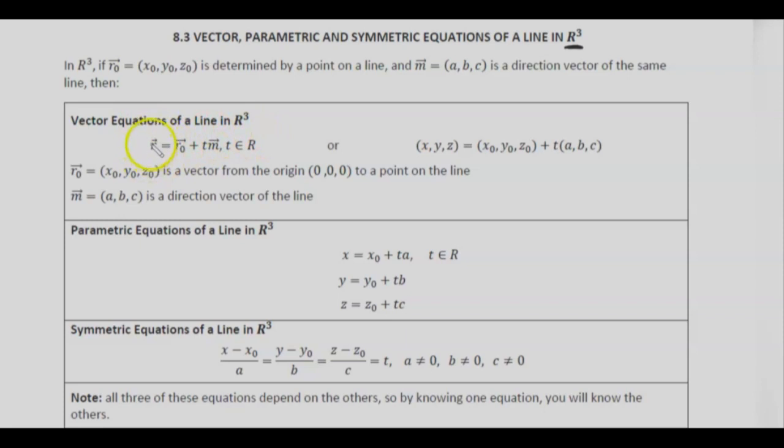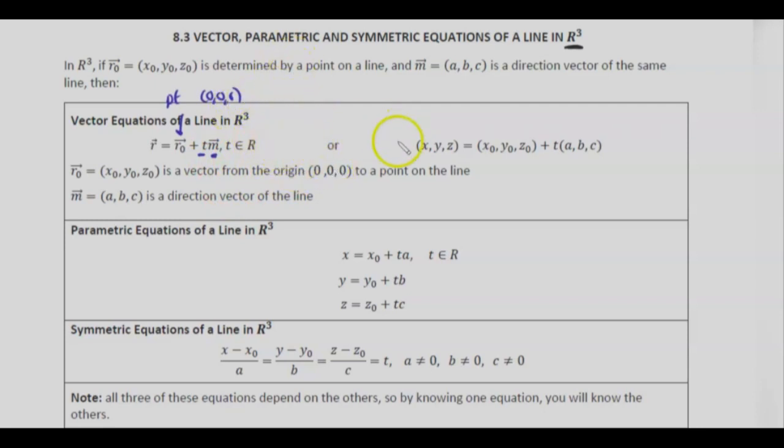So the vector equation is vector r equals vector r naught, which is essentially a point, because it's the point joining that point and the origin, plus some parameter t times the direction vector m, and t is an element of the real number system.